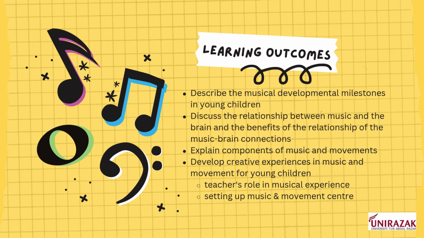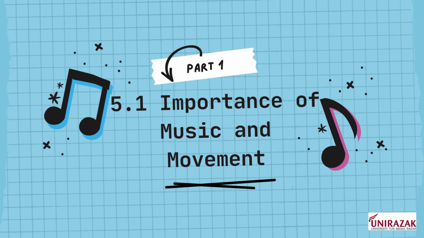Finally, you should understand how teachers can provide creative music experiences and how to set up a good music and movement center. These learning outcomes should cover all the musical milestones, including the music-brain connection, music and movement components, the creative experiences, as well as teacher roles and the learning environment.